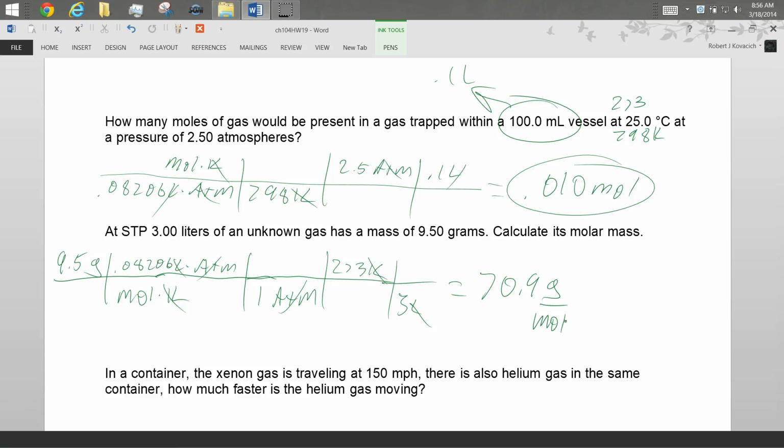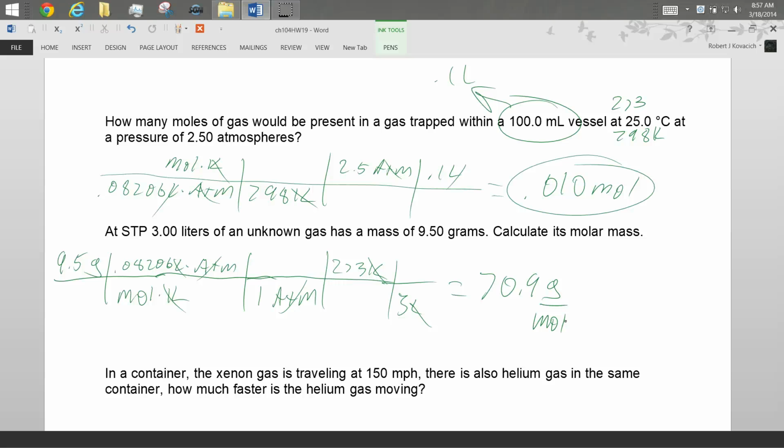Do we have questions about this one? How come in the ideal gas law, I see that it's standard pressure, but how come you have to convert it into ATM and Kelvin, whereas in the other laws you don't have to? Is it because it's not standard? Nope.